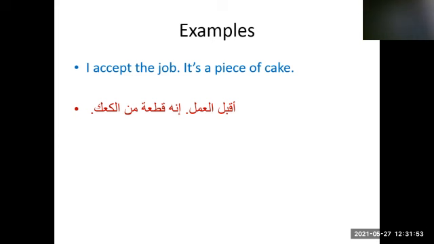This is an idiom. But you need to understand the culture behind this language to render an equivalent translation, because this is a funny one. قطعة من الكعك. Let's look at another example.